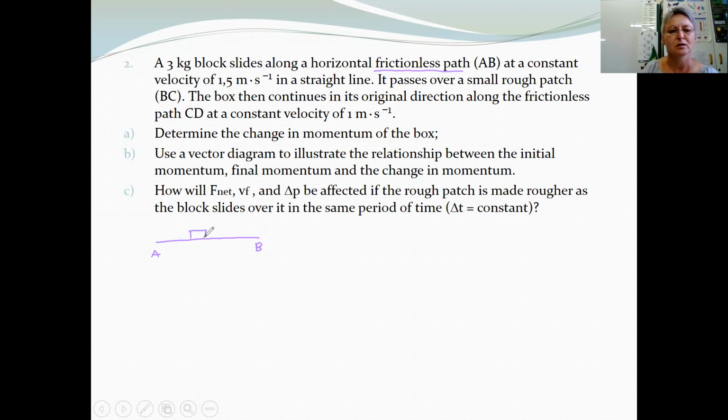And this block is busy moving in that direction at a velocity of 1.5 meters per second. It passes over a small rough patch BC. So here you've got the small rough patch BC.